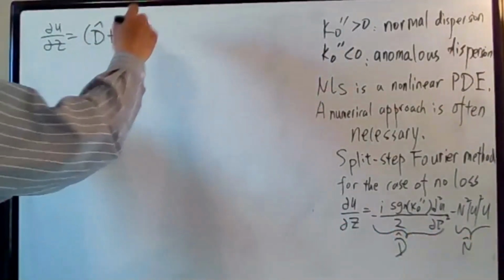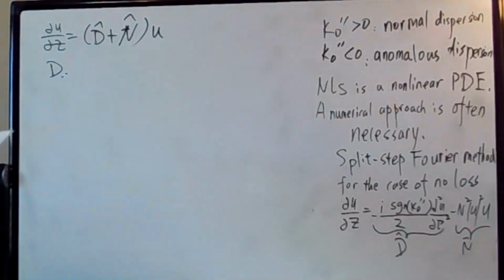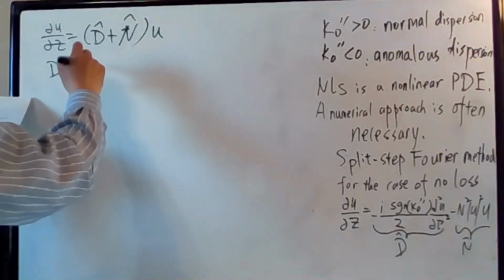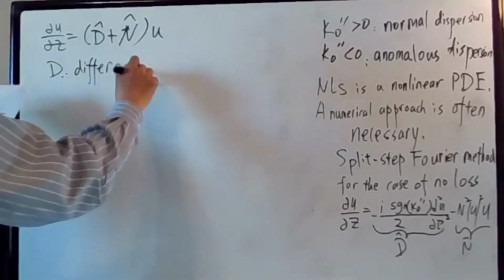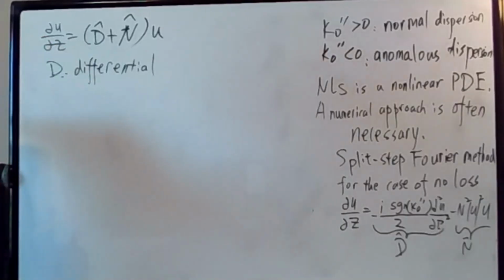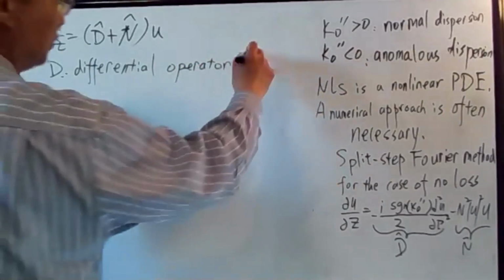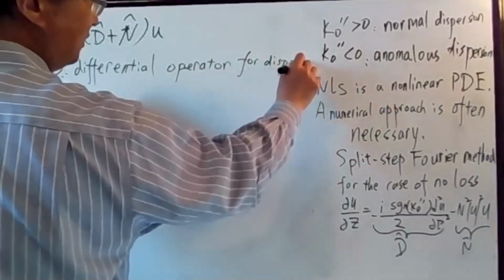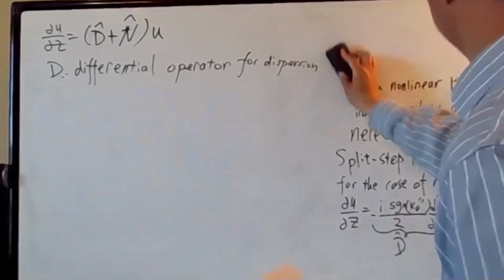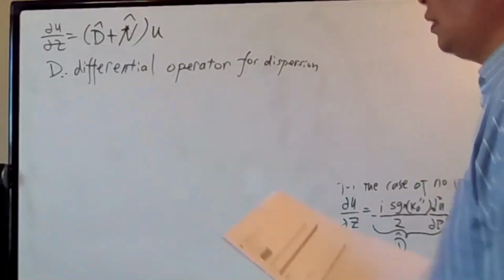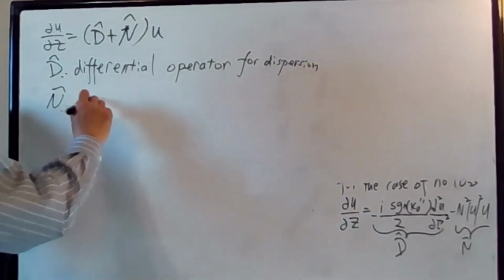I use the hat to indicate an operator. This D is the differential operator for dispersion, the second derivative, and N is the nonlinear operator.